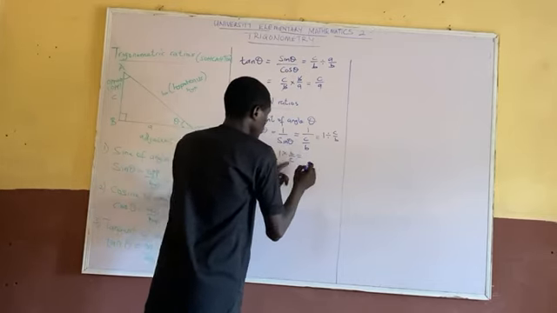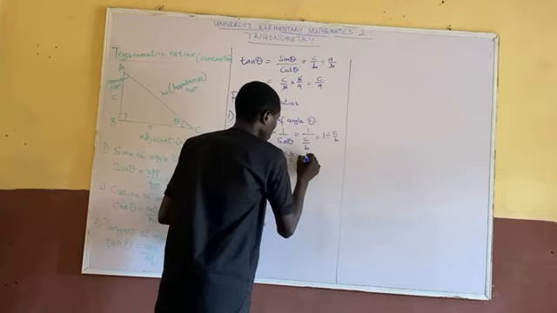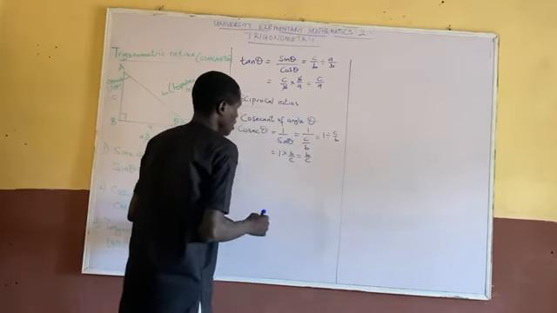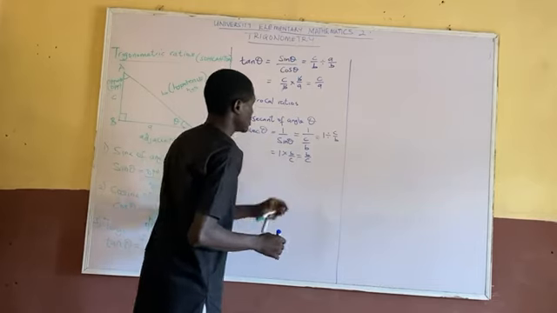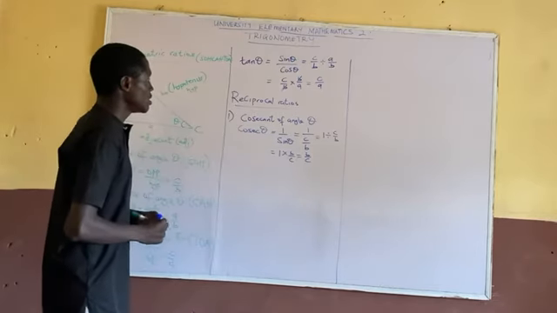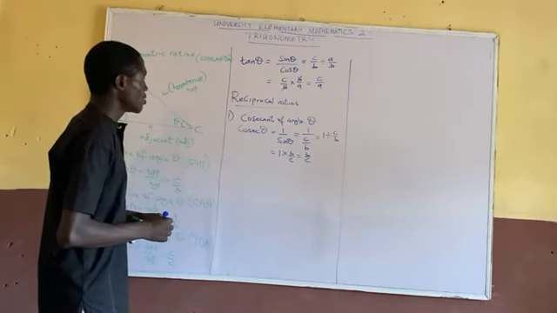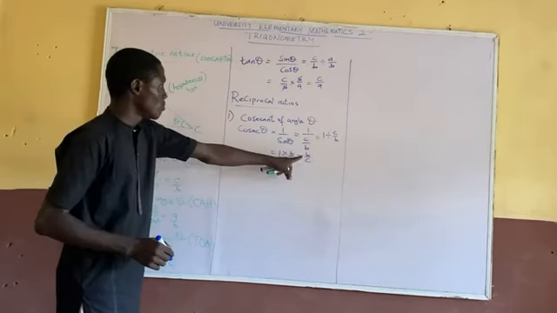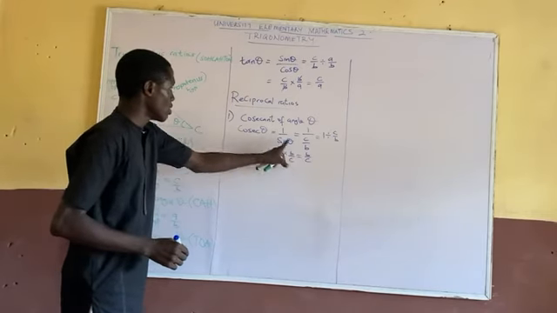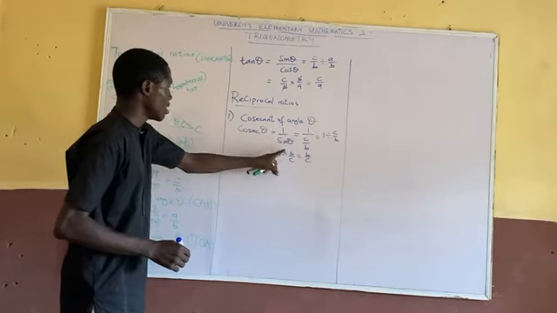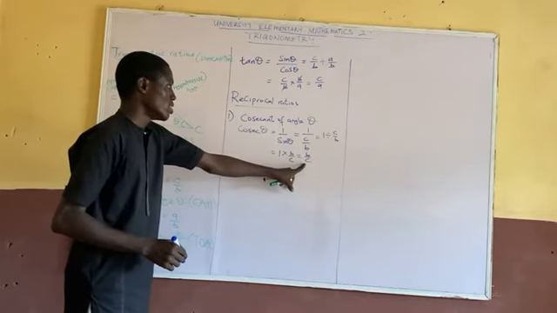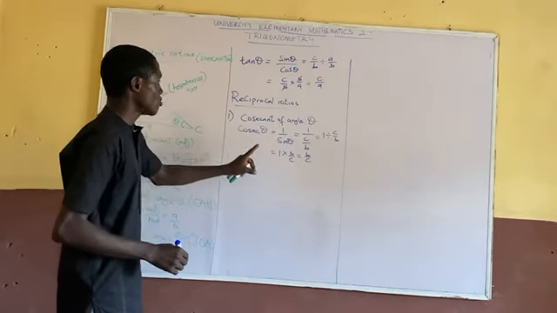So we have an answer of B over C. Please know that cosec theta, which is 1 over sin theta, is B over C.